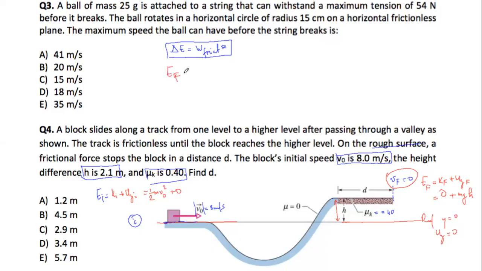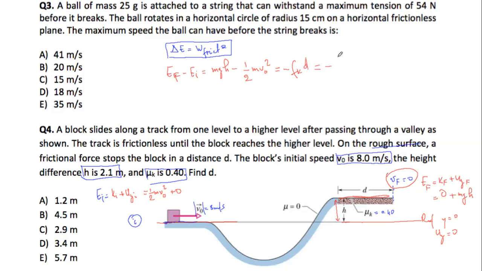So E final minus E initial is mgh minus half m v0 squared. And this has to be equal to the work of the friction along B, which is a flat surface. The work of the friction, you remember, will be minus Fk d.